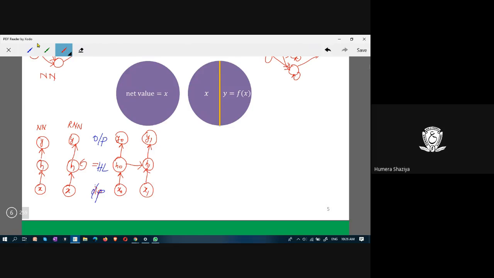All the hidden layers operate in the form of a group and they share, this is y of t minus 1, h of t minus 1 and x of t minus 1.